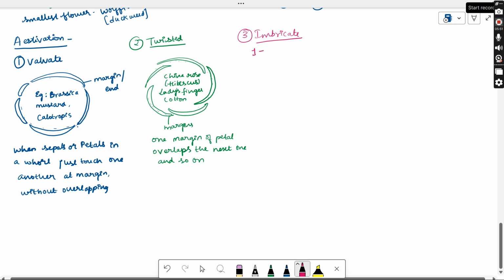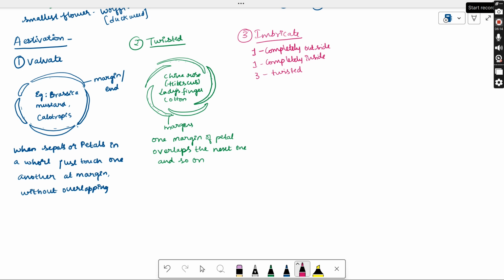In this imbricate, one petal has both margins completely outside, and one is completely inside, and the remaining three will show the twisted type of aestivation. We know what is meant by twisted: the margins are overlapping or covering each other. If you draw this, one petal has both margins completely inside, and one more petal has both margins completely outside.